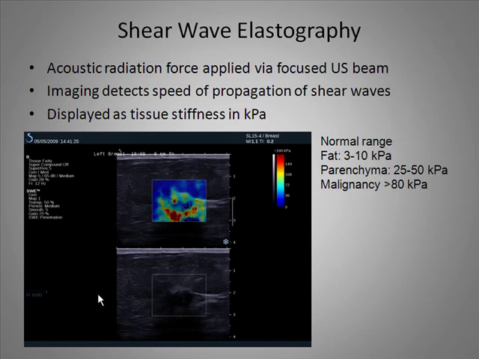The color map is going to be displayed as relative tissue stiffness in kilopascal, and there are actually quantitative measurements available, with softest tissue being in the range of 0 to 70 or 80 kilopascal, and stiff malignant tissue being anywhere from 80 to 200 kilopascal.